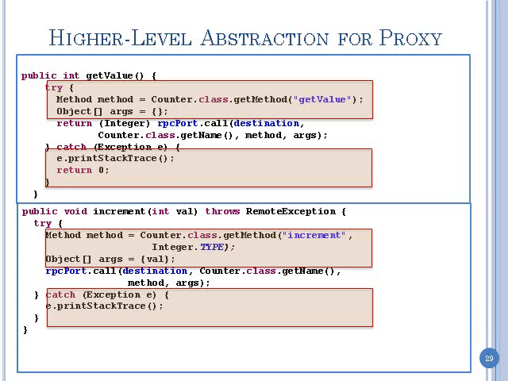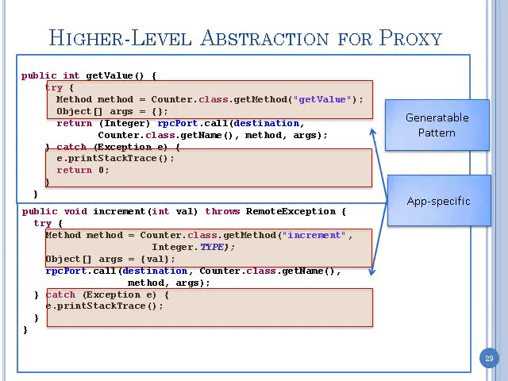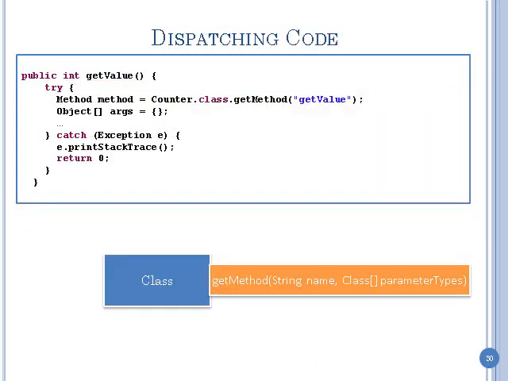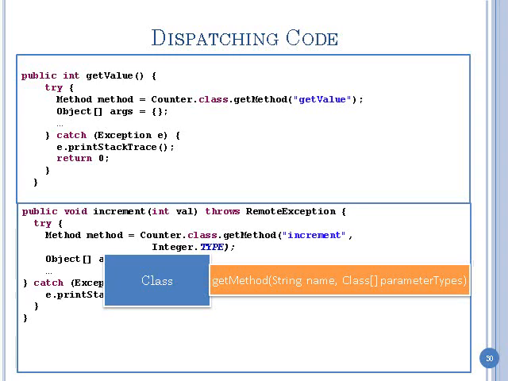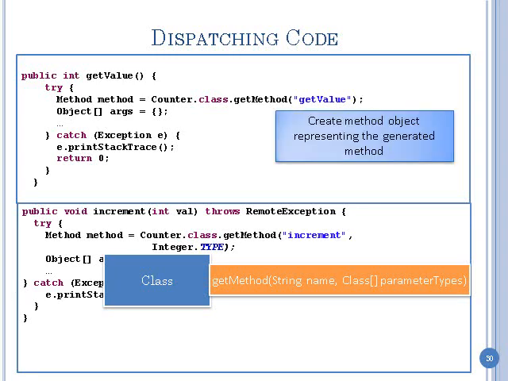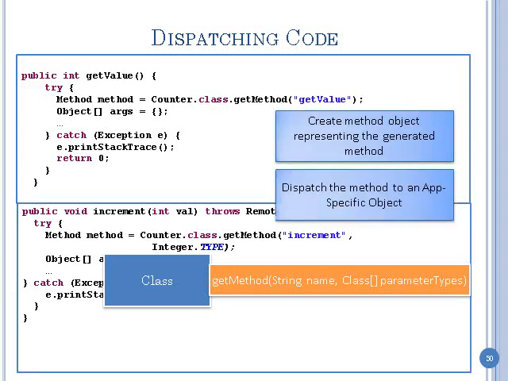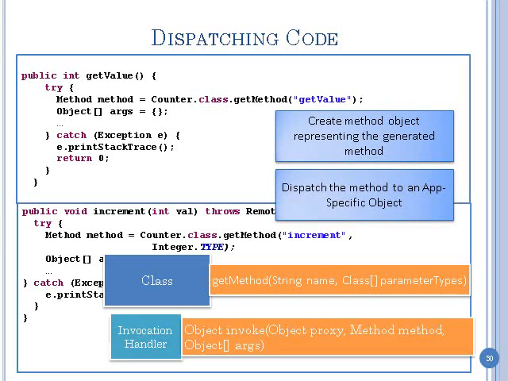Okay, we're running out of time, and I don't want to build the suspense again next time. So this is application specific; that is a generatable pattern. We want to dispatch to an application specific object, which just implements some well-known interface, and the generator will just invoke calls on that. So we're going to have this invocation handler, which is my destination.